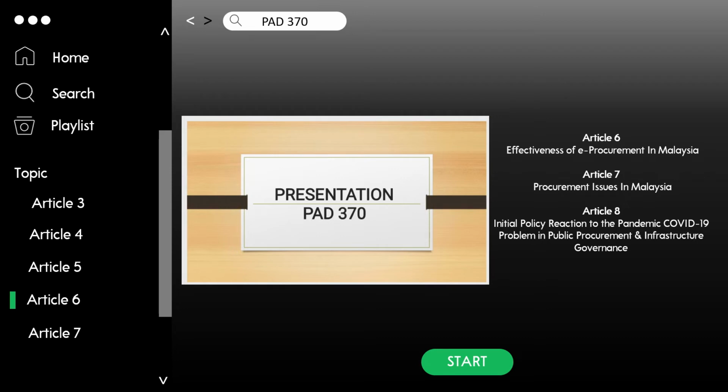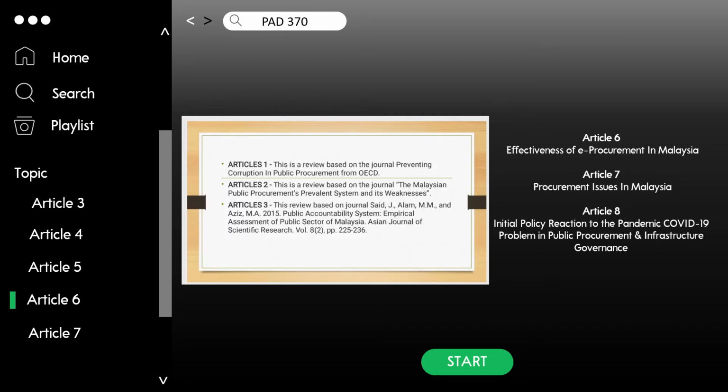There are three articles based on public procurement. The first article that I chose is a review based on the journal Preventing Corruption in Public Procurement from OECD.